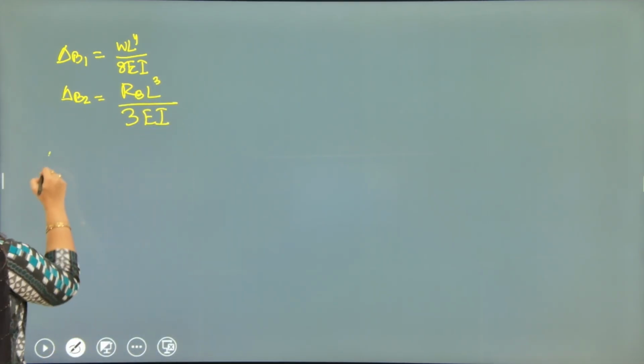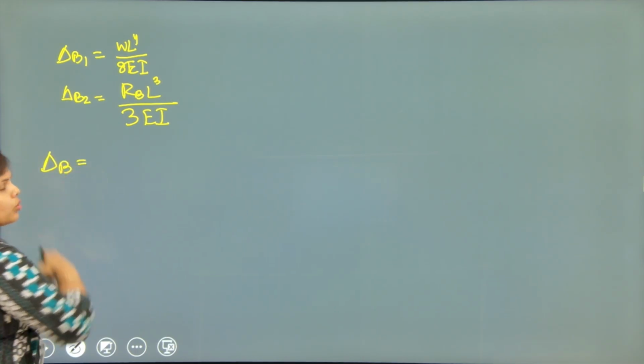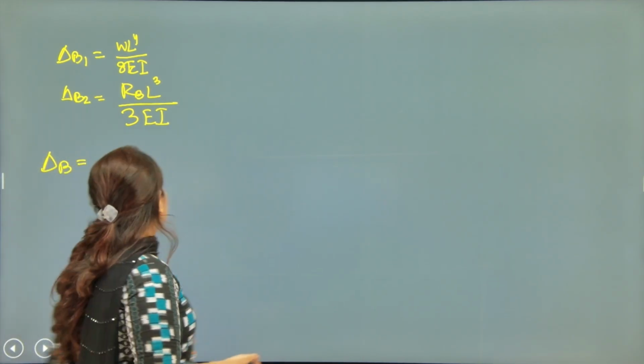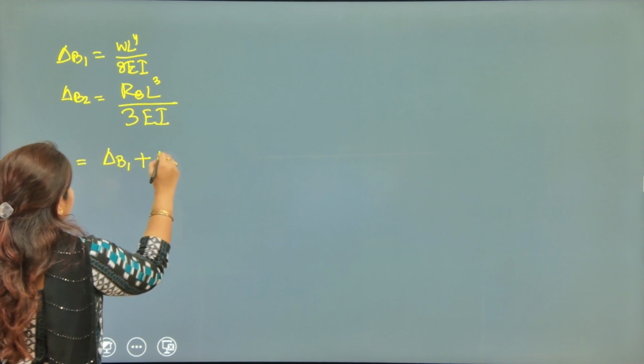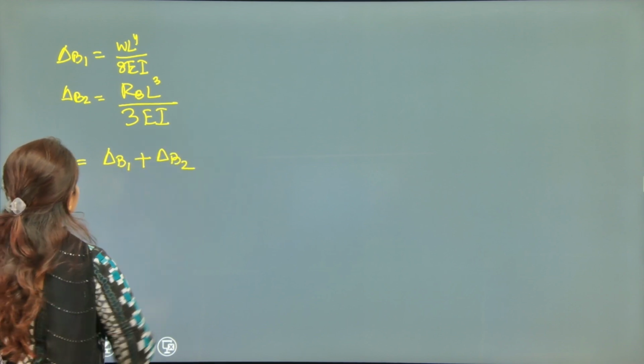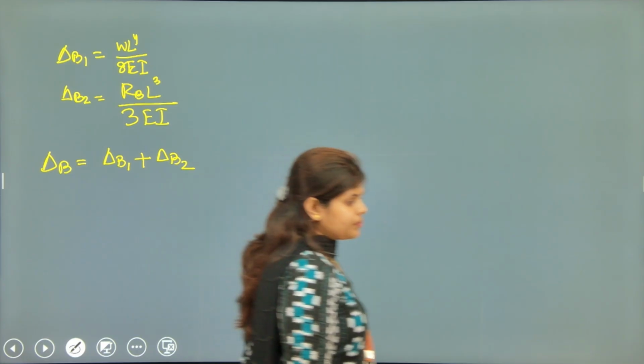If we go for finding the whole deflection, delta B will be delta B1 plus delta B2.